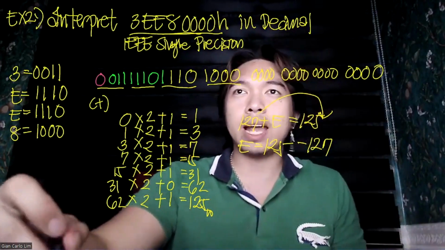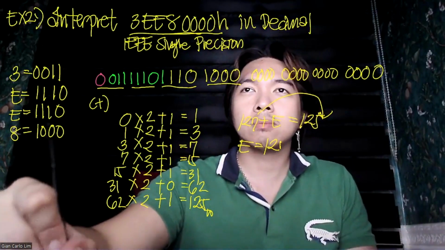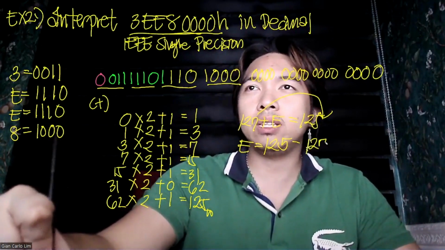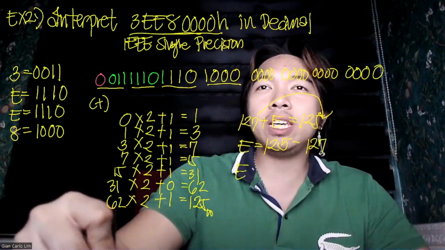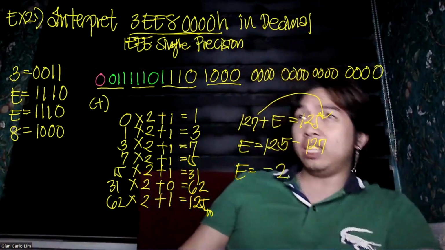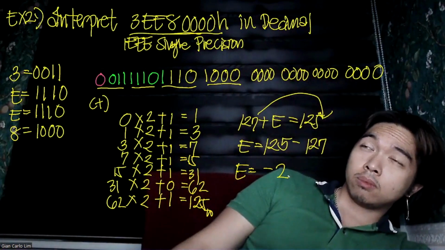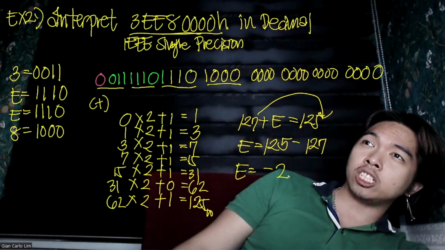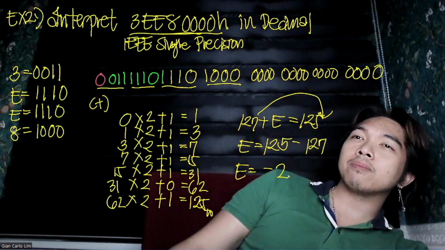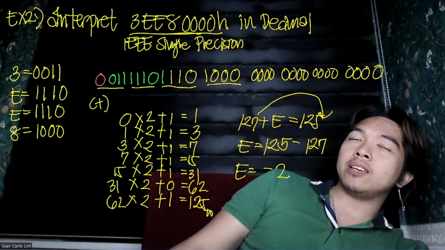Using na natin ang sulat. So 125 minus 127, so that our E would then be equal to negative 2. Okay, so nakikita pa yun? Ito lang muna ako para makita ninyo at saka ma-jot down ng mga kumakopya. Okay. So E is equal to negative 2.